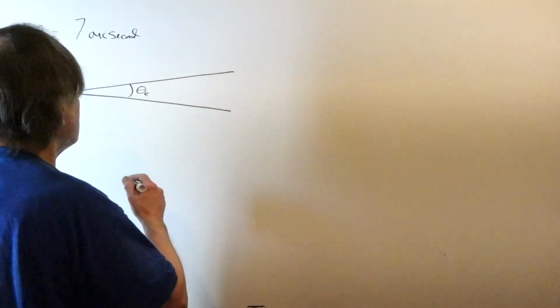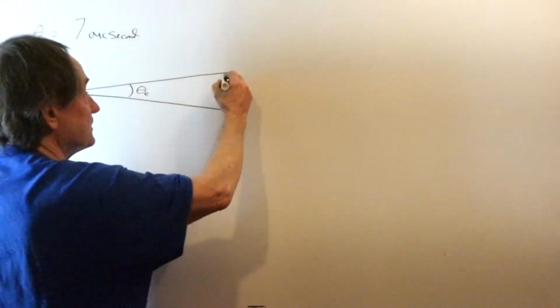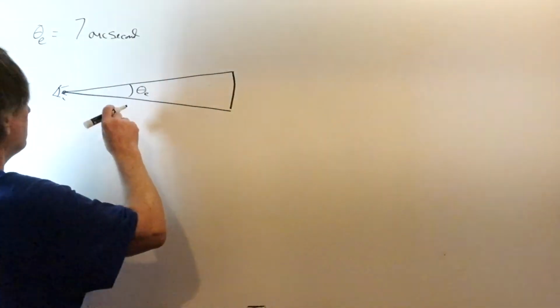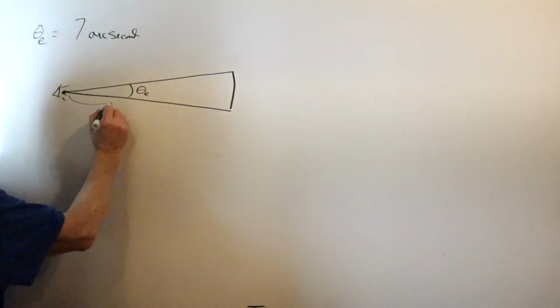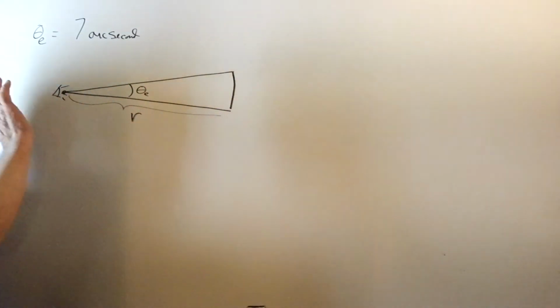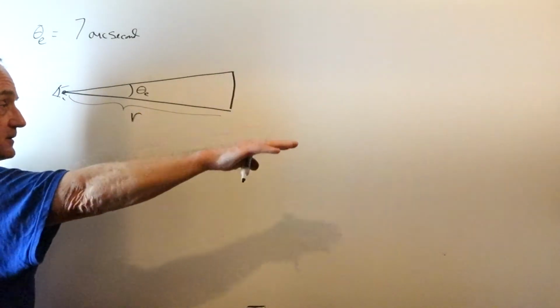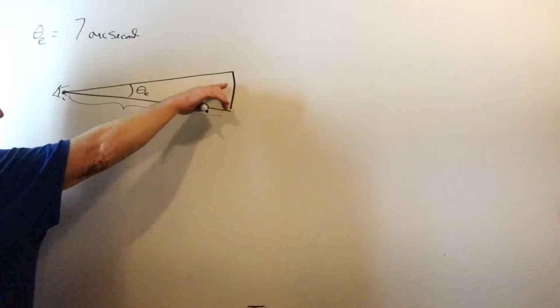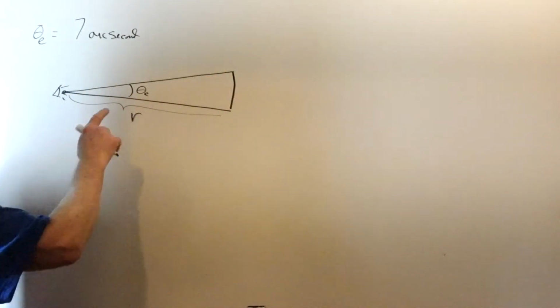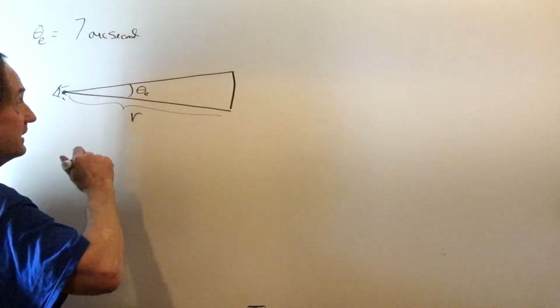Well, the relationship in a height measurement, if we have a radial distance out, say r, that's the distance that we're looking out, then the height uncertainty is that amount of arc that's swept out by this uncertainty in the angle.